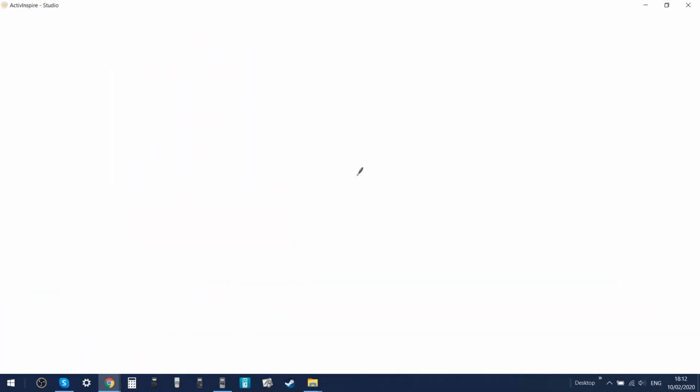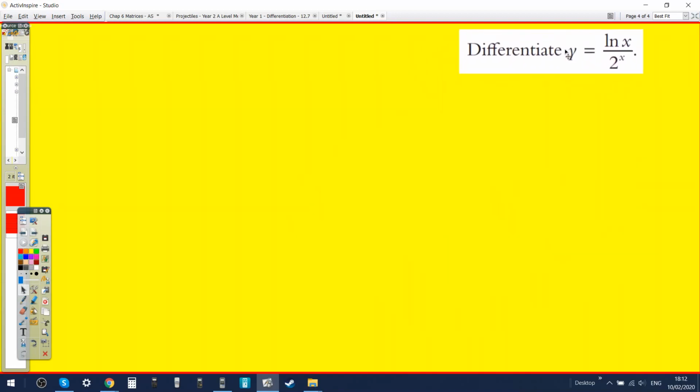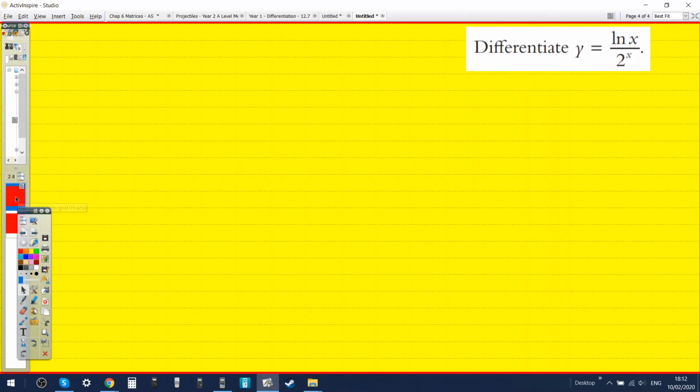This is quotient rule. Yeah. So that's v u dash minus u v dash over v squared. So it's always v over u, isn't it? U over v.